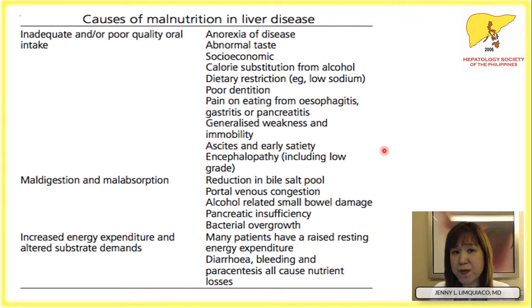Now, the measurement of malnutrition in patients with liver disease is actually tricky because most of them present with ascites. With that, there are a lot of ways to assess malnutrition in this set of patients. So we can make use of the mid-upper arm muscle circumference, which is little affected by salt and water retention, and the other one is the use of hand grip strength.